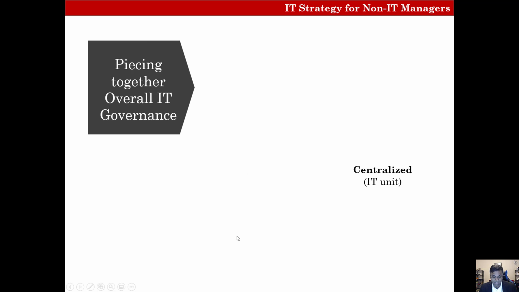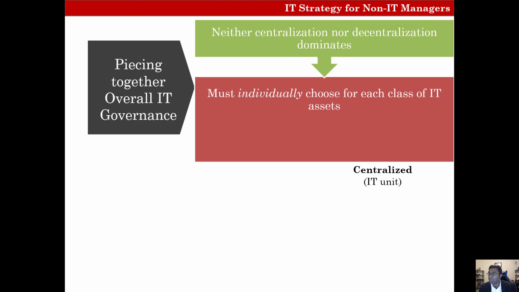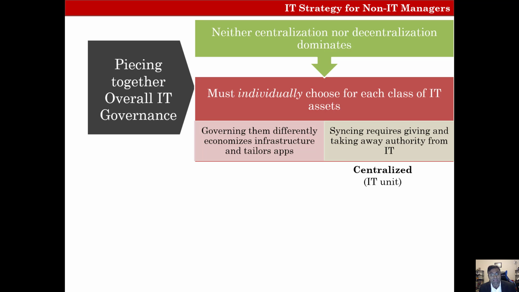So piecing together the overall IT governance structure into a pattern, you realize that it's neither that everything should be centralized nor decentralized. We need to individually choose for each class of IT assets. Governing them differently economizes infrastructure and tailors the apps. And synchronizing requires giving and taking authority away from IT.